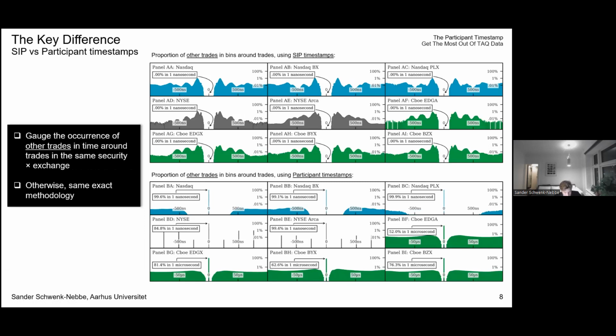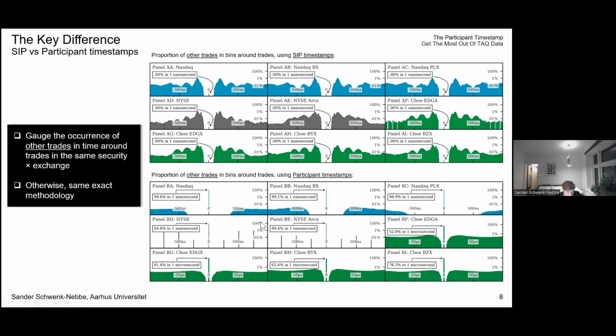Again, take NASDAQ: more than 99% of other trades that occur in the same security within 2000 nanoseconds around trades have the exact same participant timestamp as trades. Now in SIP time, we find something that looks very different. Across all exchanges, 0.00% of other trades, or virtually none, get the same SIP timestamp as trades. So we have something very interesting here. How can we possibly explain this?